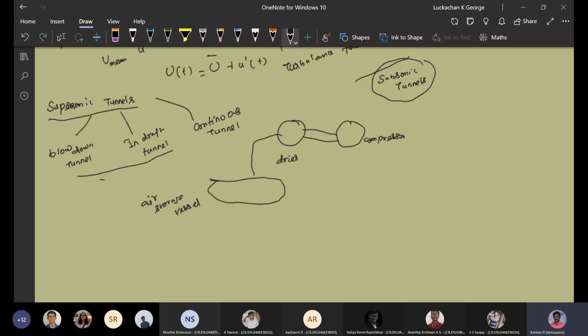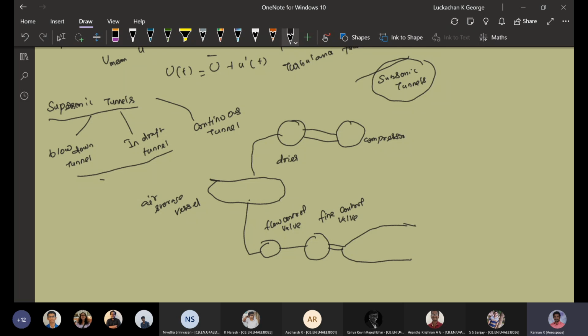Again, there will be a flow control valve, and a fine pressure relief valve, a fine control valve. Then it goes to the settling chamber.